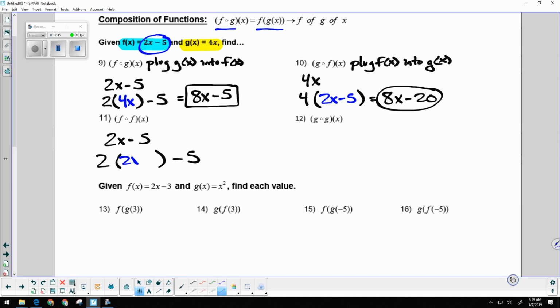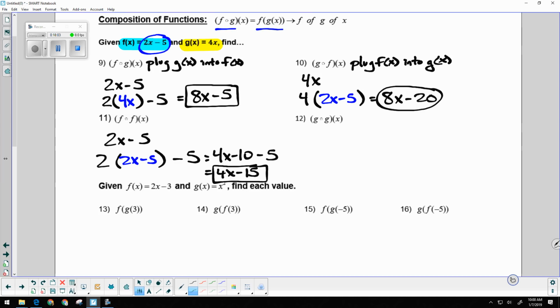Well, f of x is 2x minus 5. And then we're going to distribute, get rid of parentheses, simplify, and combine like terms. So distributing, I get 4x minus 10, and I still have this minus 5. Combine your like terms: 4x minus 15.